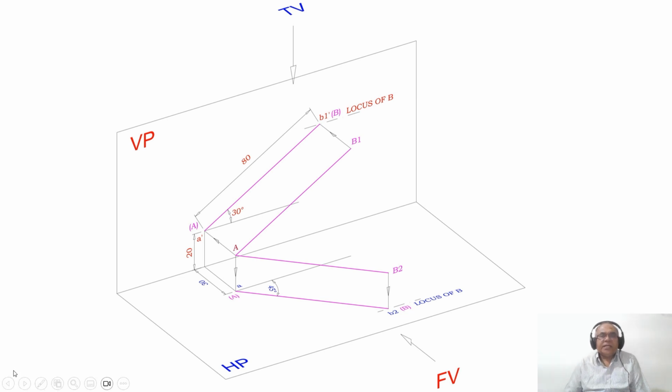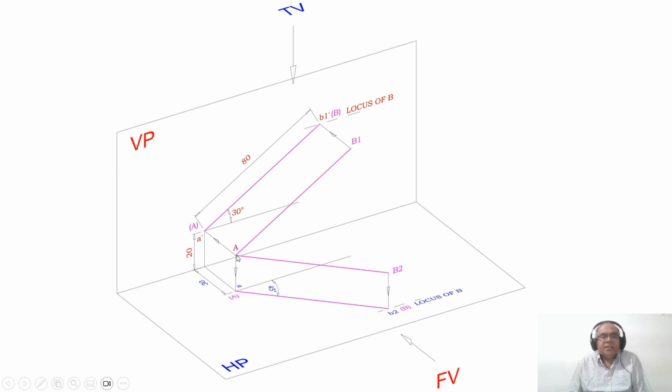We are going to take the three-dimensional view of the object, to see how exactly it will look in three dimensions, what actually the problem has given. So he says the end A is above HP by 20 mm and in front of VP by 30 mm.